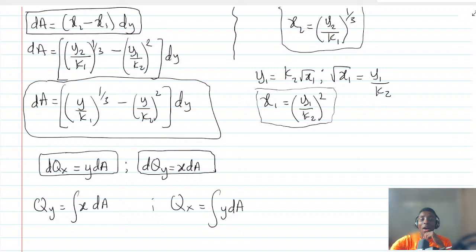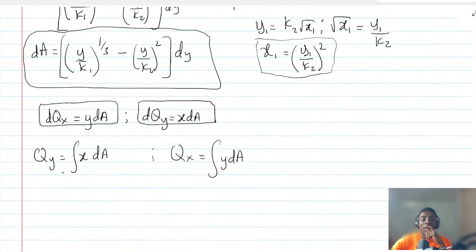We have dA. To get any of them, whether Qy or Qx, we just have to multiply. For instance, if we want Qx, we will just integrate. But what is the limit?